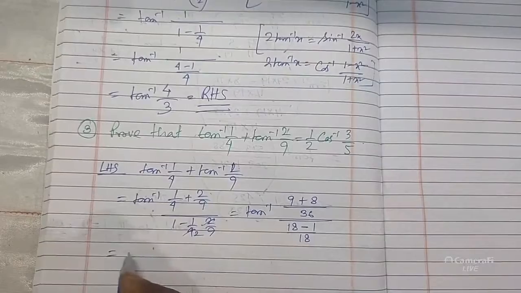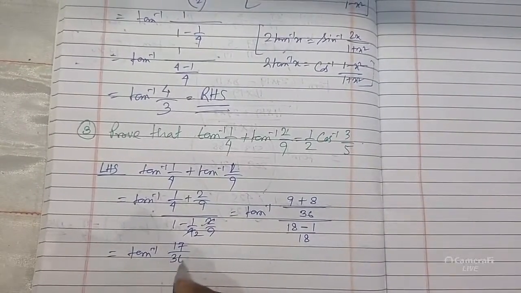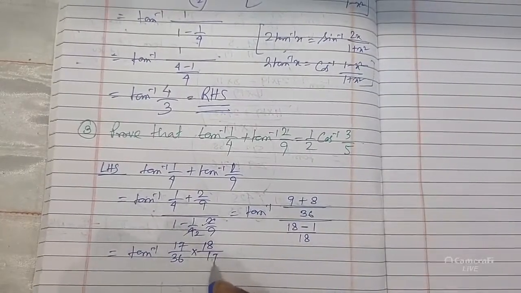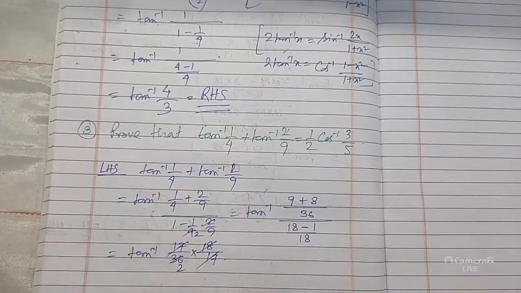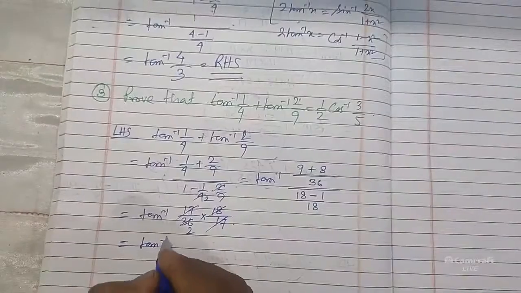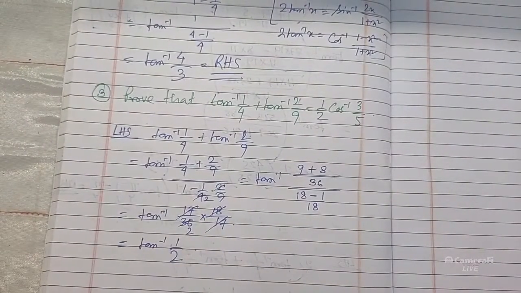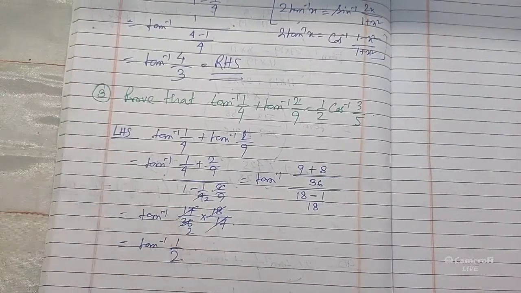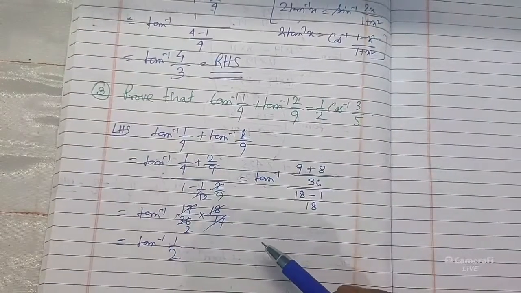So here we have tan inverse 17 by 36 into 18 by 17. 17 cancels, 18 by 36 gives half, so that is tan inverse half. This is the simplest form of LHS. Now we have to simplify the RHS.